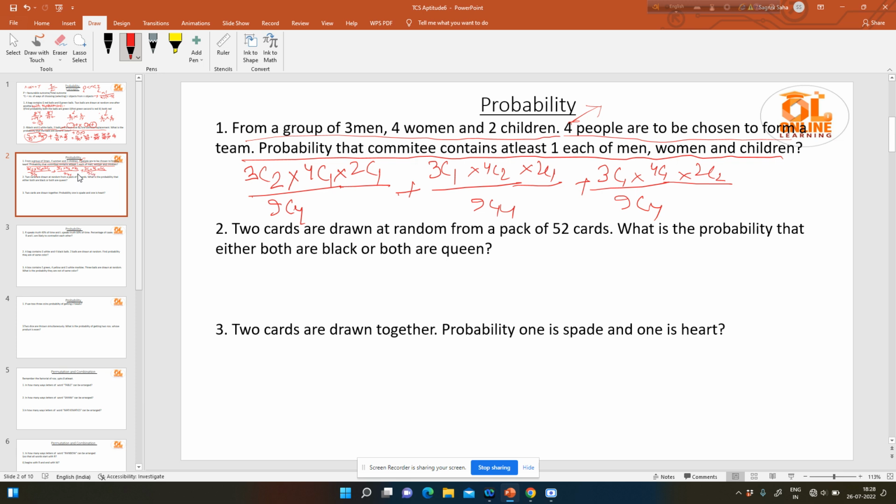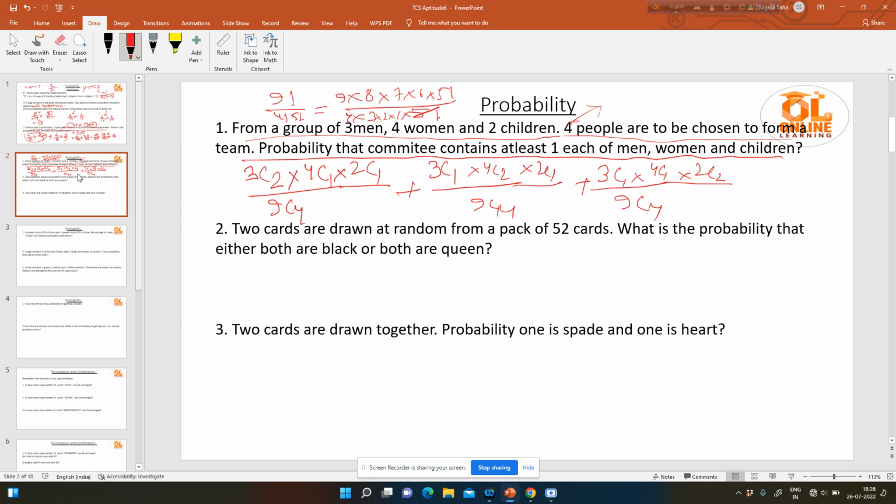How will we do 9C4? We can write it as 9 factorial by 4 factorial into n minus r, that is 5 factorial. Then we can write 9 into 8 into 7 into 6 into 5 factorial, because the 5 factorials cancel, and 4 factorial can be written as 4 into 3 into 2 into 1.